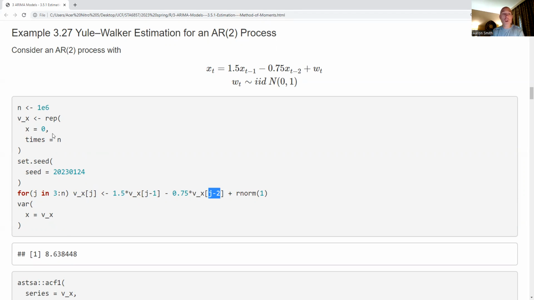Something to notice is that I set x sub 1 and x sub 2 equal to 0, because I have to have at least 2 points to get the first one as a completely random value. So I just kicked it off with 0, 0 to let it run.